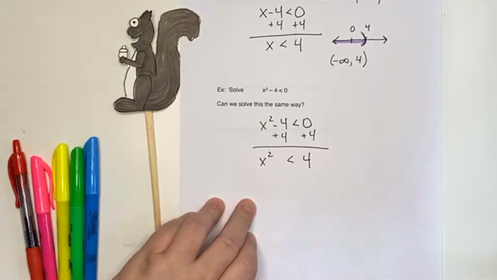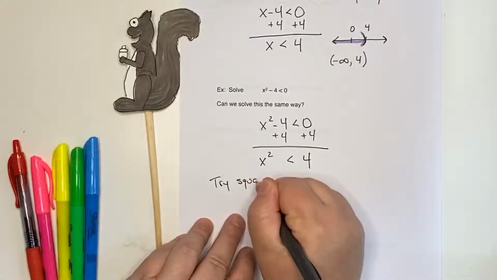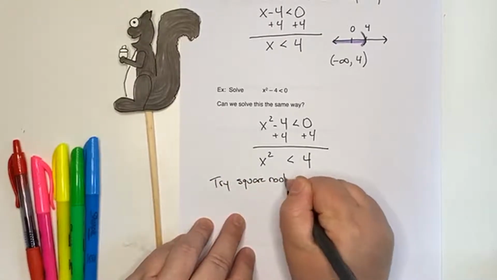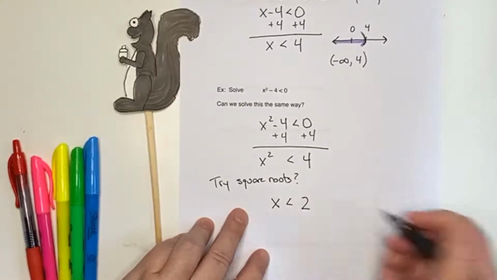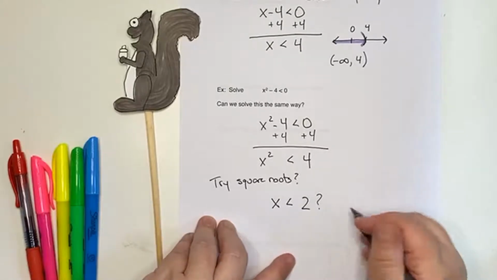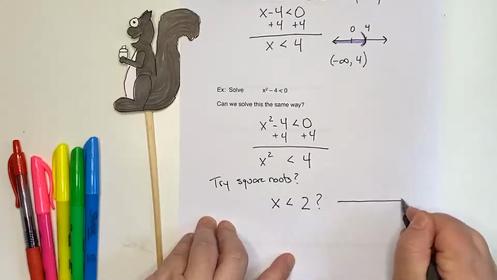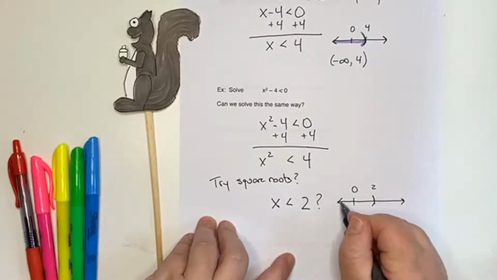Now you might think, well, maybe I could do something weird with square rooting. Right? Try square root. Let's try square roots. Why not? So x is less than 2. Okay, so if x is less than 2, let's see, on my graph, that would be everything smaller than 2.